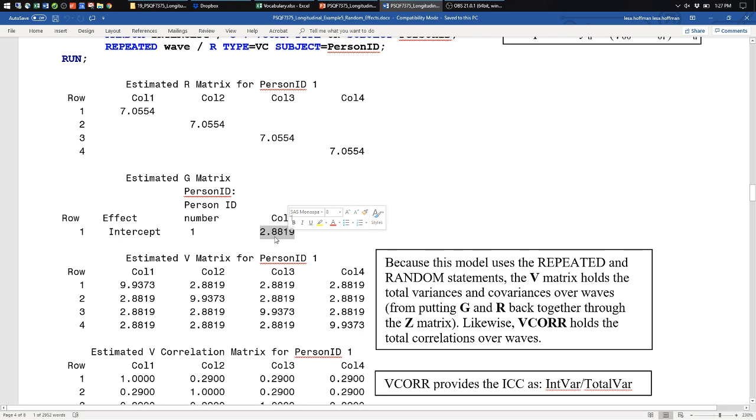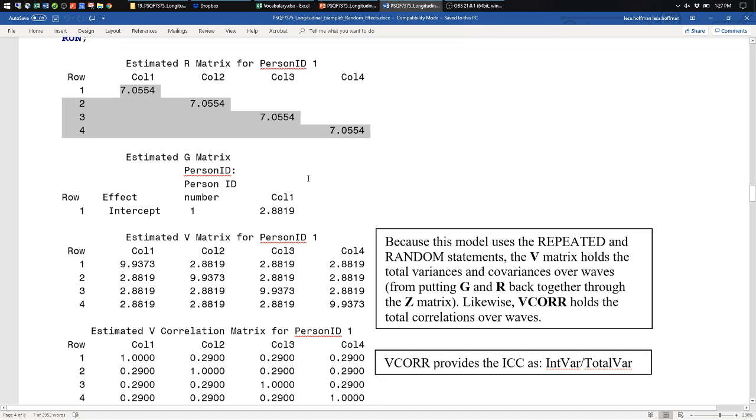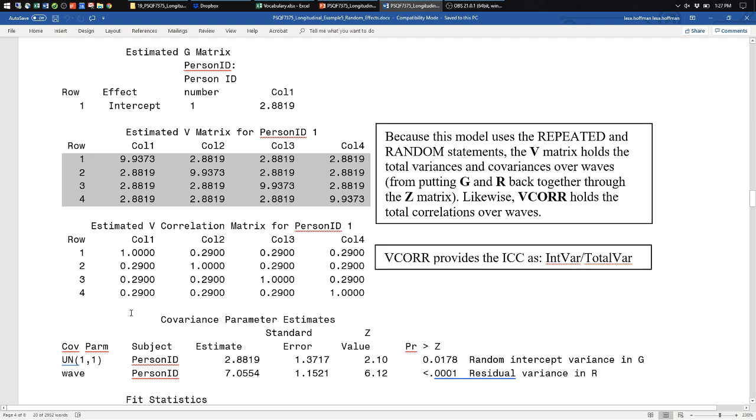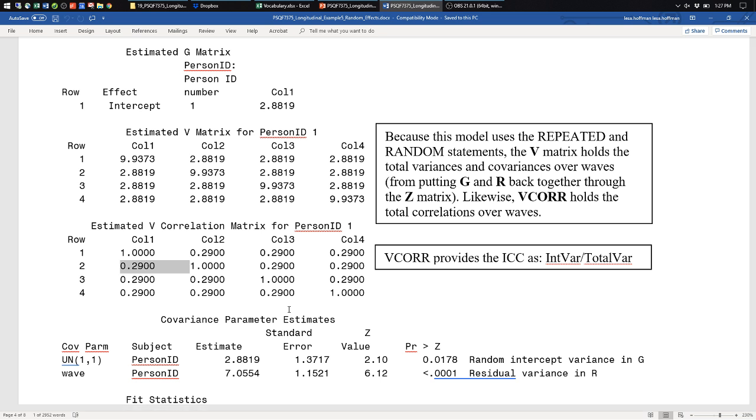So if I take this 2.88 and I add it everywhere in this matrix of R here, I get V. This is my compound symmetry structure in V. Constant variance, constant covariance. The correlation version then says that the constant correlation across occasions from the same person is 0.29. That has a special name.